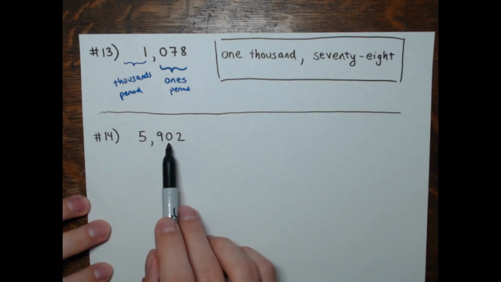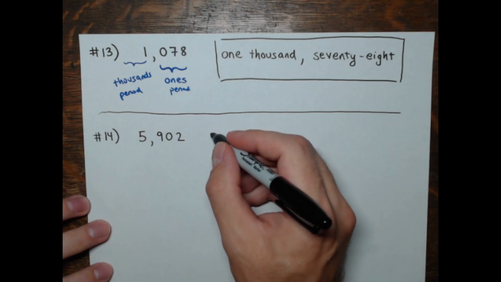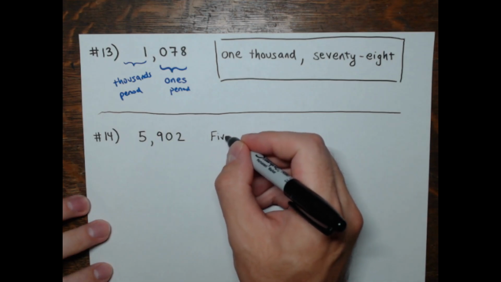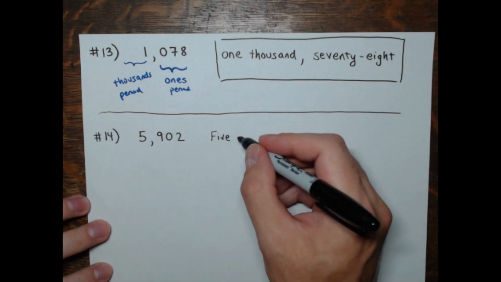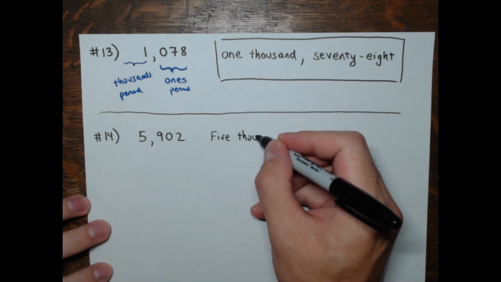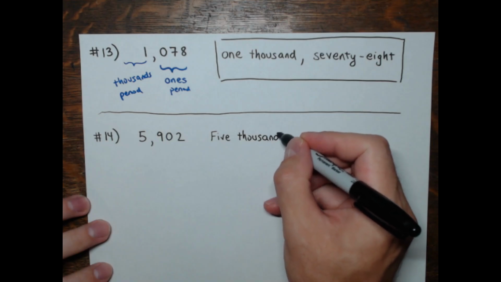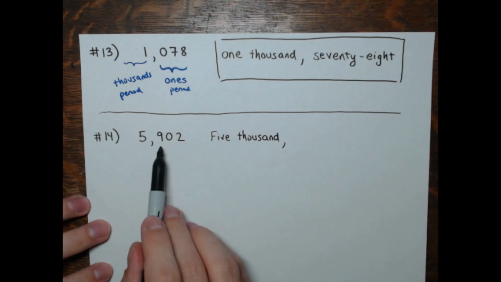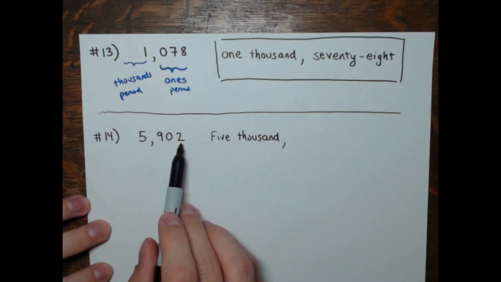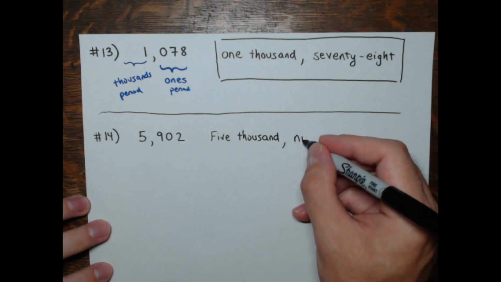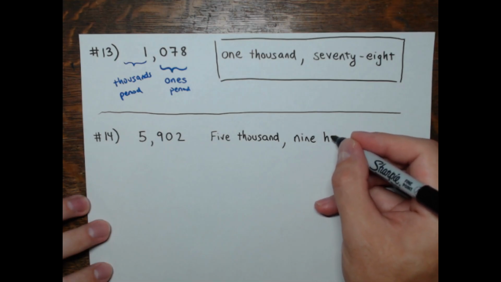There's no tens. So in words, this is 5 in the thousands period, 5,000, comma, and then in the ones period, 902.